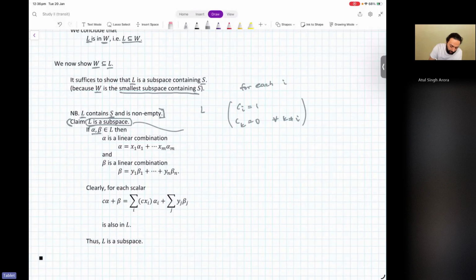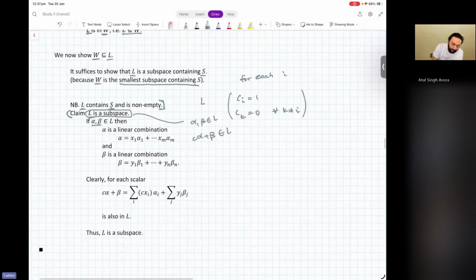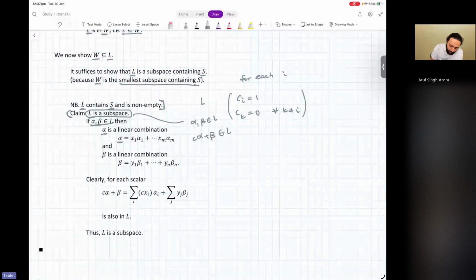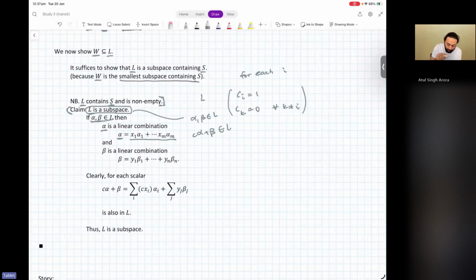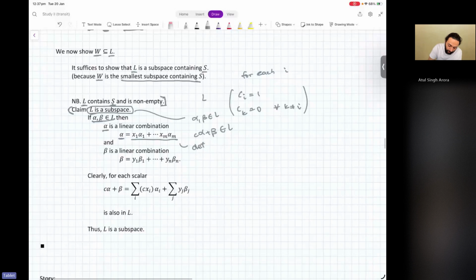We showed earlier in theorem 2, I suppose, that to establish a subspace, we want to show that if alpha and beta belong to L, then C alpha plus beta also belongs to L. So suppose alpha and beta belong to capital L. Then alpha is a linear combination of these vectors, just from the definition of capital L, because capital L was the set of all linear combinations of the alphas. And then similarly for beta, one can write this.